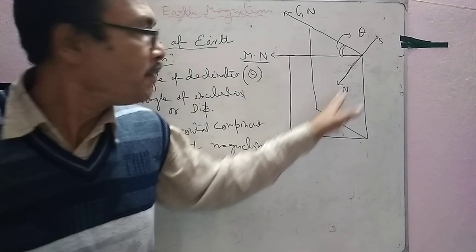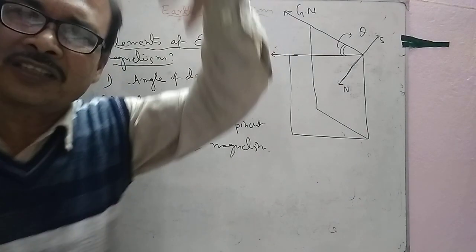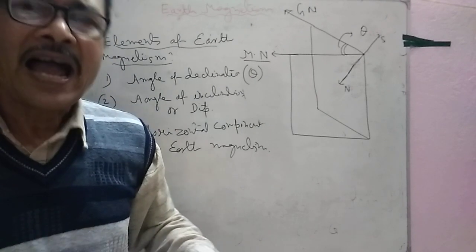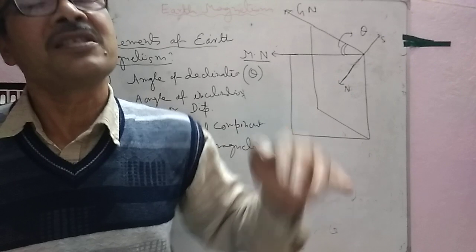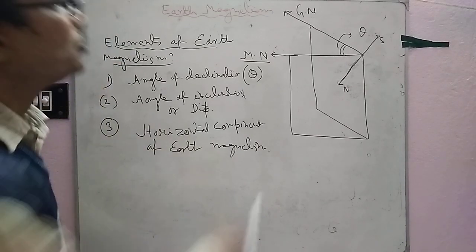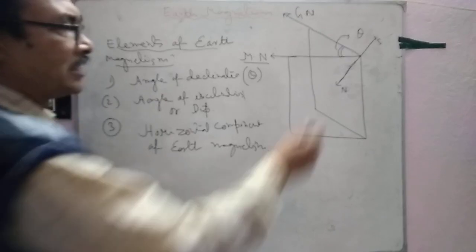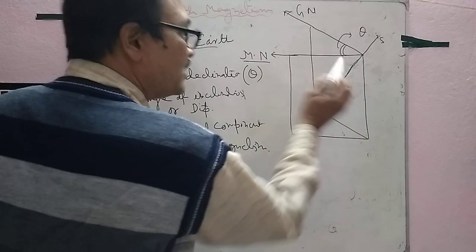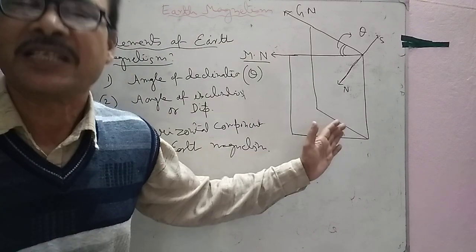In the northern hemisphere, the north pole will tip downward, and in the southern hemisphere, the south pole of the magnet tips downward. Clear? So this is the magnetic meridian and this is a bar magnet suspended from its center of gravity in this meridian. This is the north pole. So we may come to the conclusion that this is the northern hemisphere.